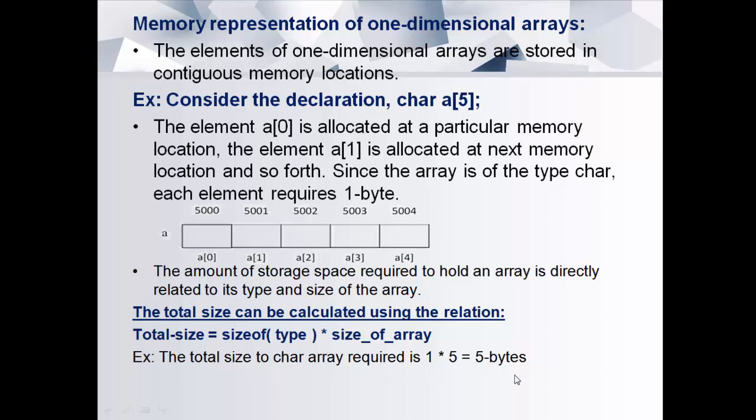The character array needs 5 bytes, depending upon the size of the array. So for the above example, char A of 5 needs 5 bytes of memory space.